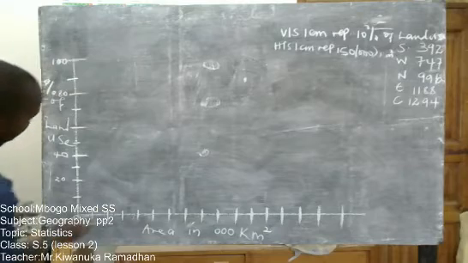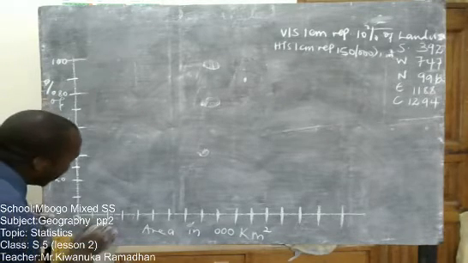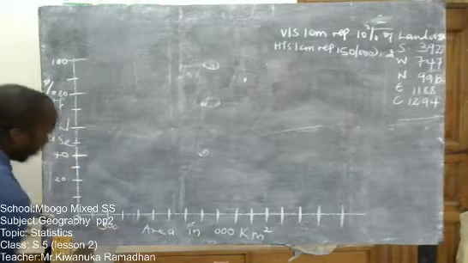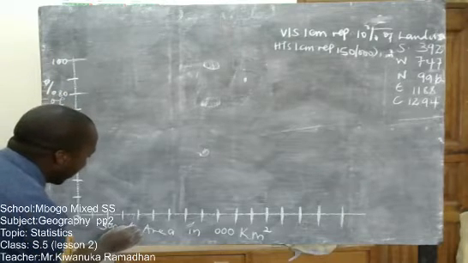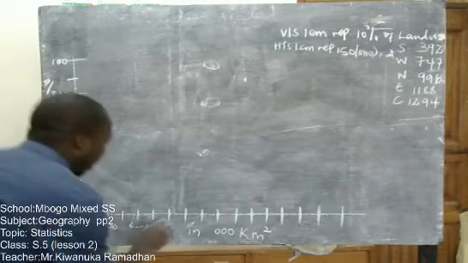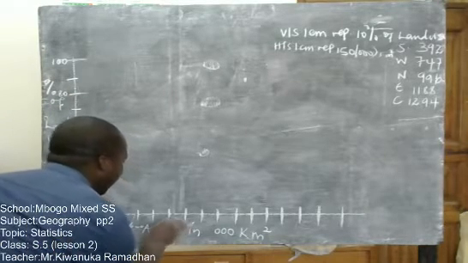So if this is the 1 centimeter, 150. So here it becomes 300. Then here it will become, for example, 600. Then 900.